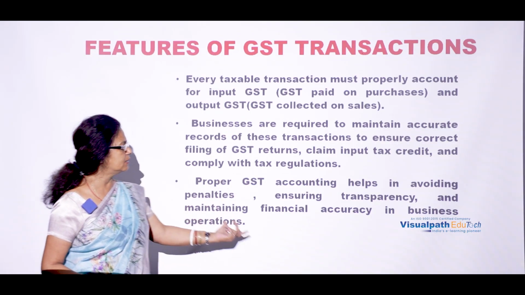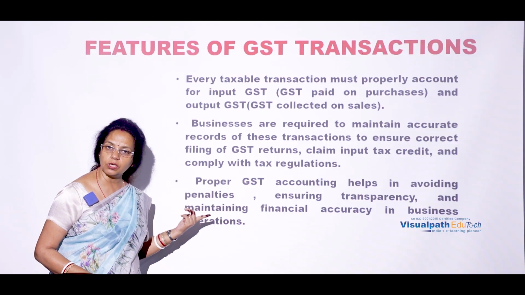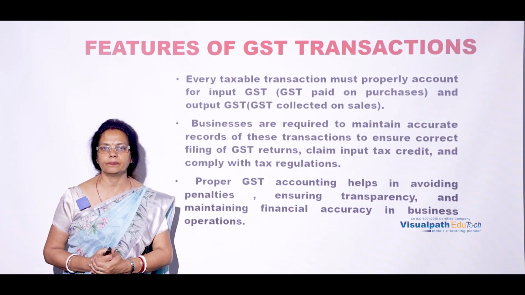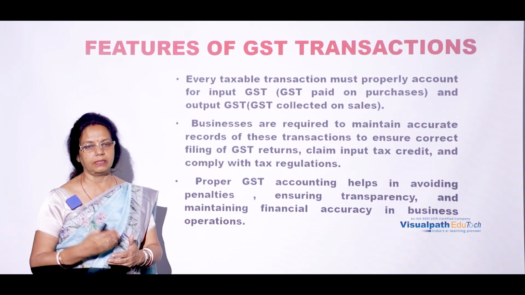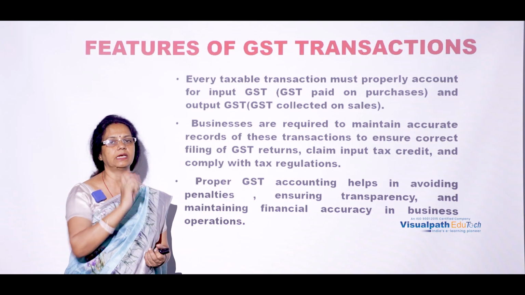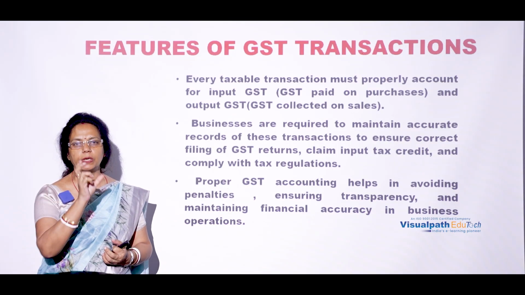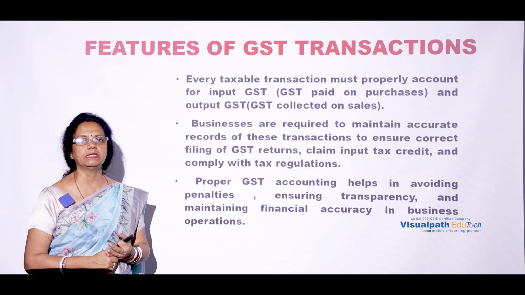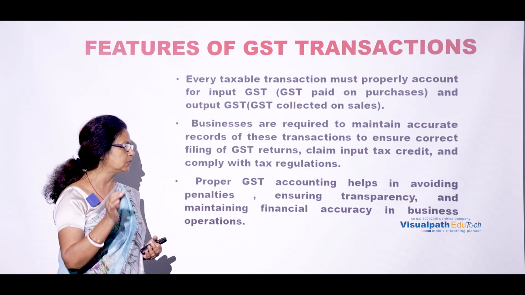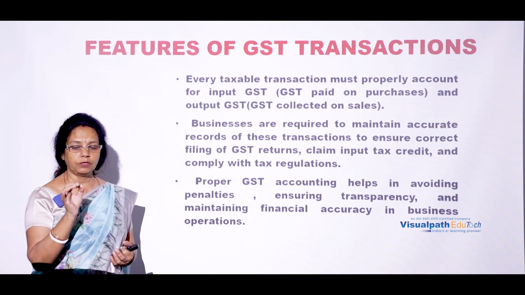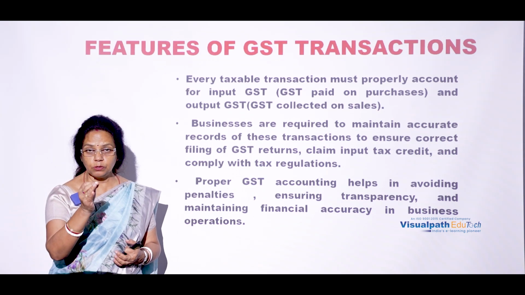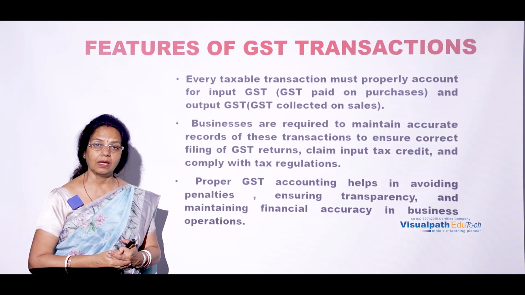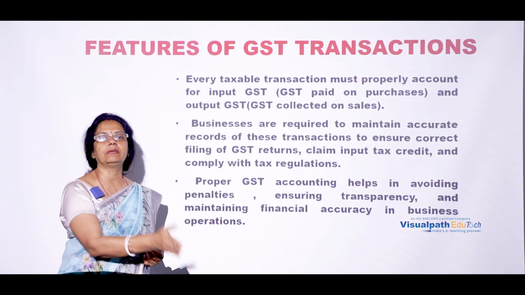And maintaining the financial accuracy in business operations. It is also mandatory for what purpose? Maintaining the financial accuracy. Just now I mentioned one term, financial statement. To run a business, to expand a business, for day-to-day activities and continuation of the business, it is most essential to find out the accurate financial result, which is possible only through the financial statement, analysis of financial statements. And the financial statement again depends on what?